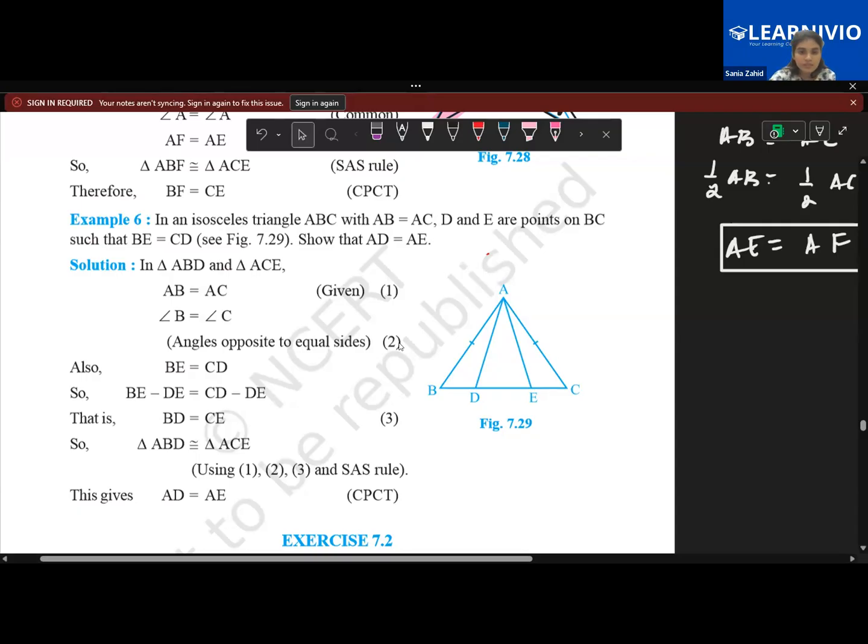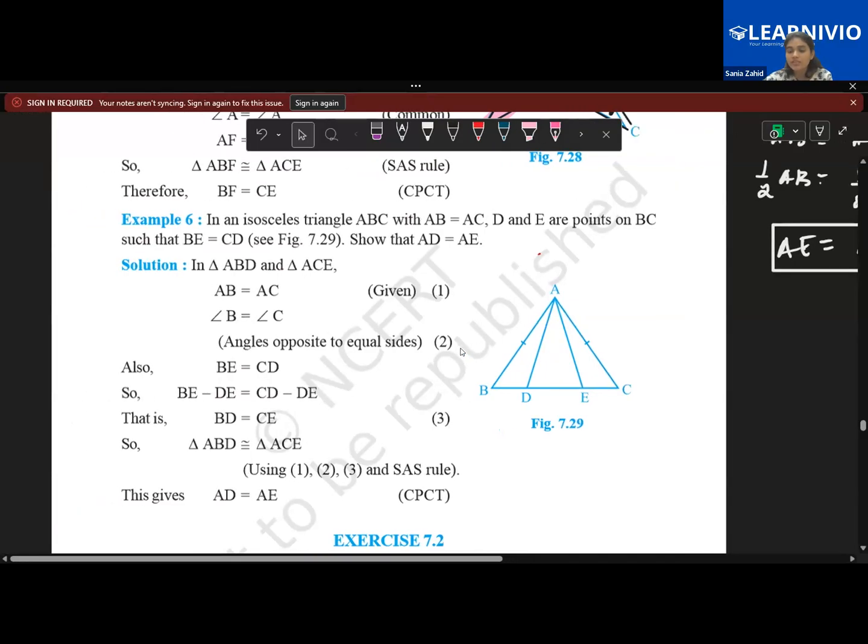Am I audible to everyone? Children, what is the meaning of isosceles? Now, this thing, though, you should know, right? Yes, Ammar? Isosceles is a triangle with three sides equal. Then what is an equilateral?